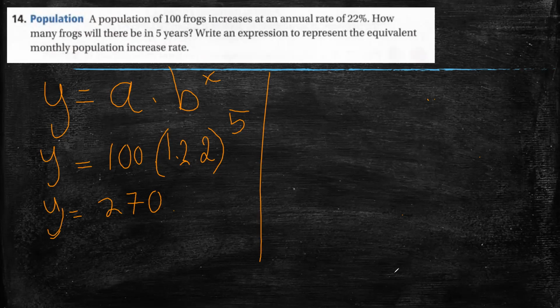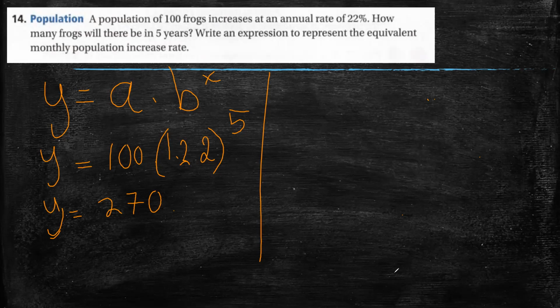First, from here now, did you remember in problem 1, he asked you about the monthly increase? Yes, teacher. And we said that to write an expression for monthly, the annual rate will be changed. It will not be 0.22, because 0.22 is an annual rate, not a monthly rate.